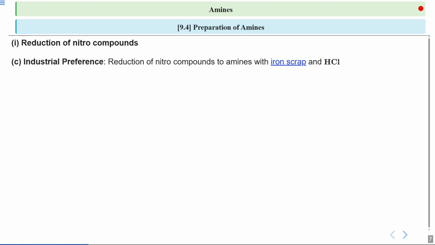Now we are going to talk about the industrial preference for this reaction. In industry, nitro compounds are typically reduced to amines using iron scrap and hydrochloric acid. This combination is cost effective and efficient, which makes it the method of choice for large scale production.